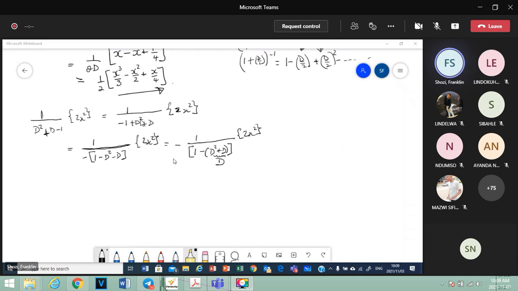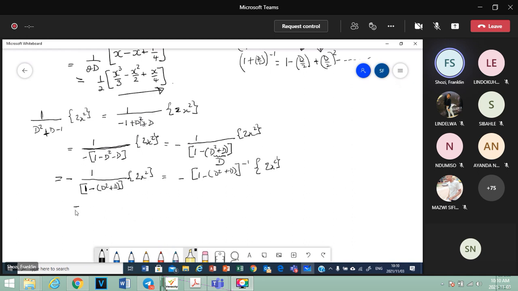So now let me write it neatly. This is just minus 1 all over, please bear with me, my hands are not steady, 1 minus bracket D squared plus D into 2x squared, which can be written as minus 1 minus D squared plus D bracket minus 1, which is known, acting on 2x squared.